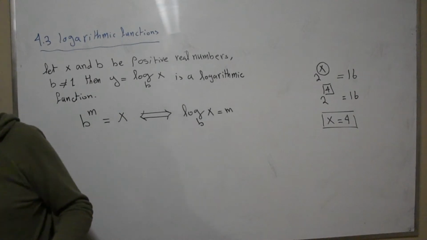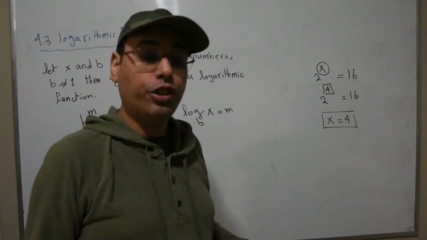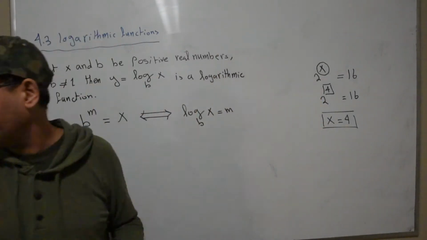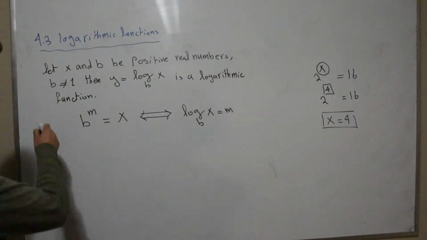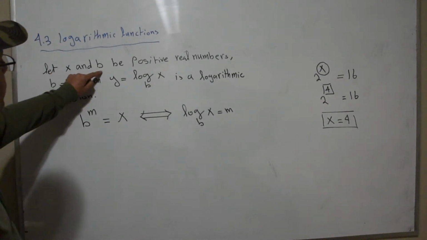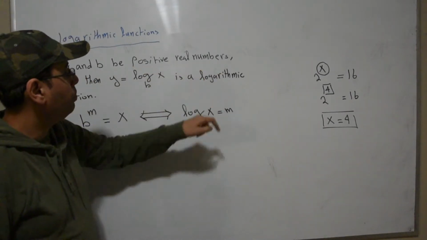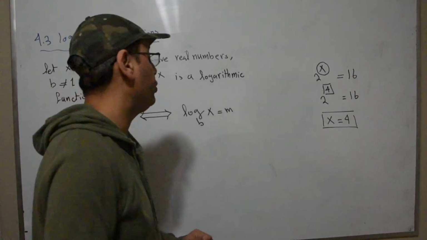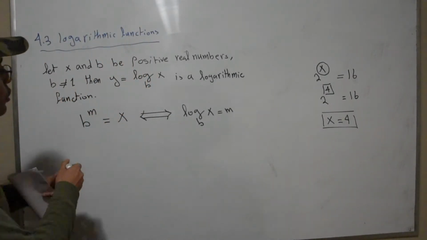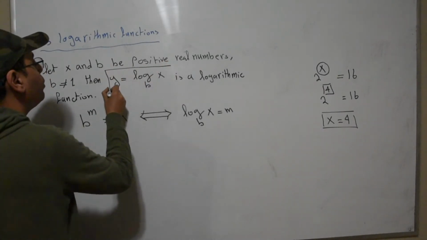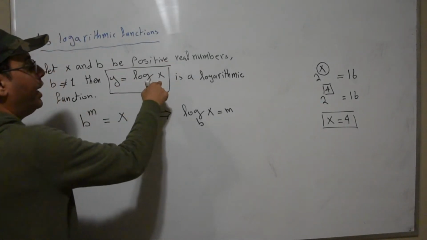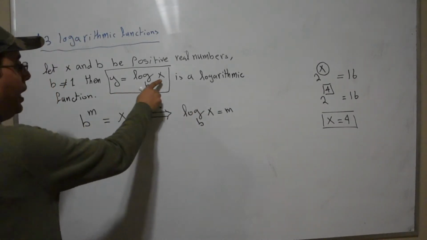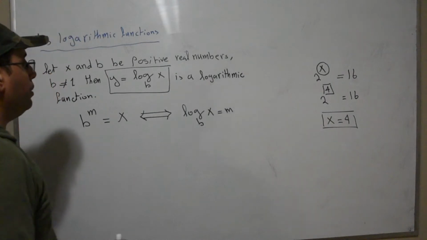Okay, let's define the logarithm function and see how we solve some examples. First of all, we let x and b be positive real numbers, and b is not 1, as we learned in the exponential function. Then the function y equals log base b of x is a logarithmic function.